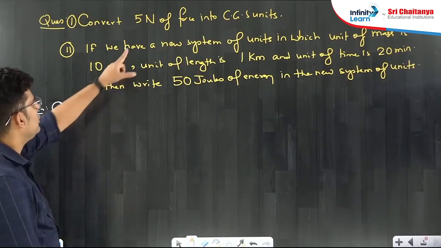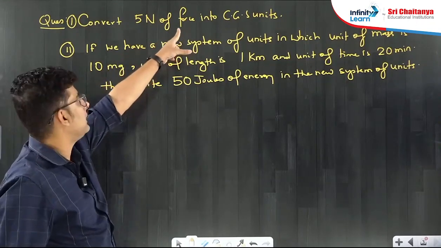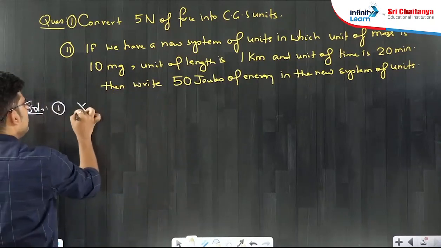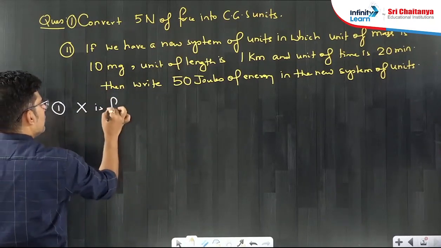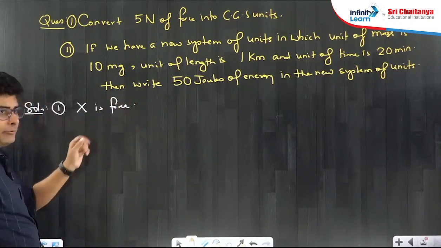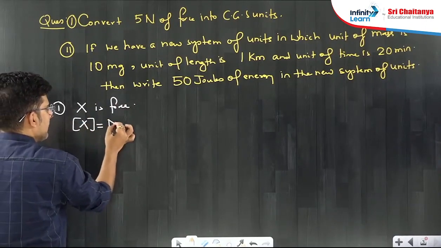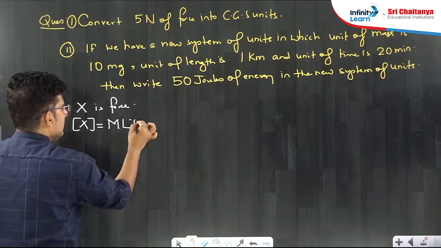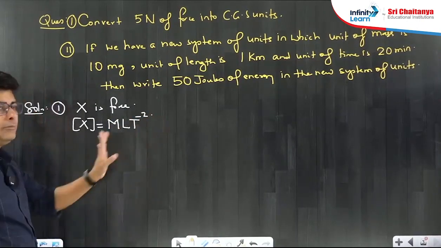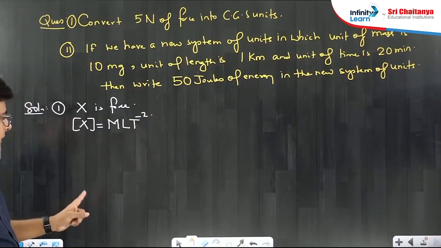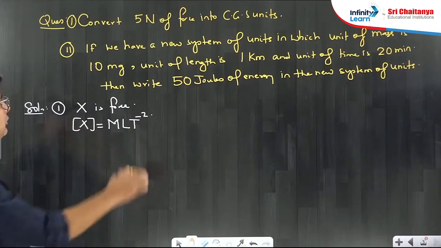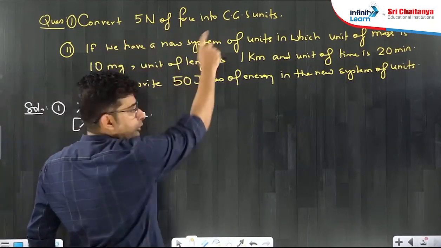First, you see which physical quantity they are talking about. You can see X over here is force. When X is force, first you write the dimensional formula. We just saw the dimensional formula of force, MLT^-2. Now you have to convert 5 Newton of force into CGS units.